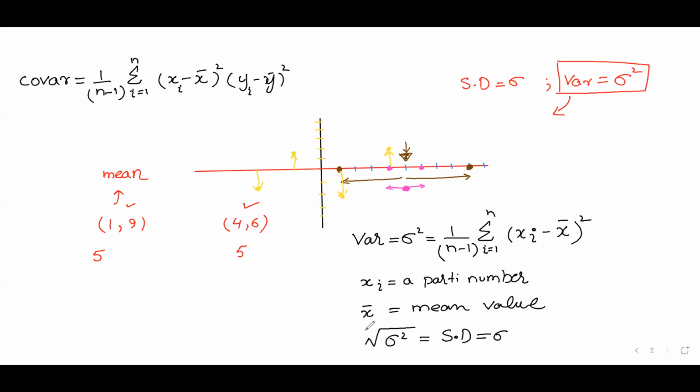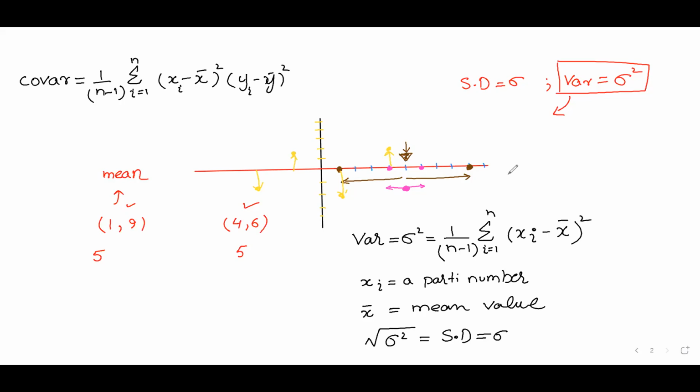Is it clear? The concept is that you should know what is mean, median, mode, variance, standard deviation, and covariance. Mean is the average, and mode is the most repeated value.